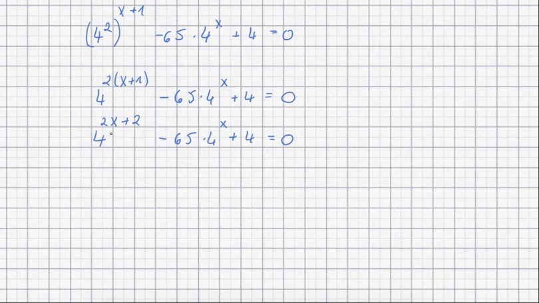No. But you can do 4 by the power of 2x times 4 by the power of 2. Oh, I don't remember that one. Okay. So this is exponential equations and logarithmic equations. It's just a matter of practicing the rules.